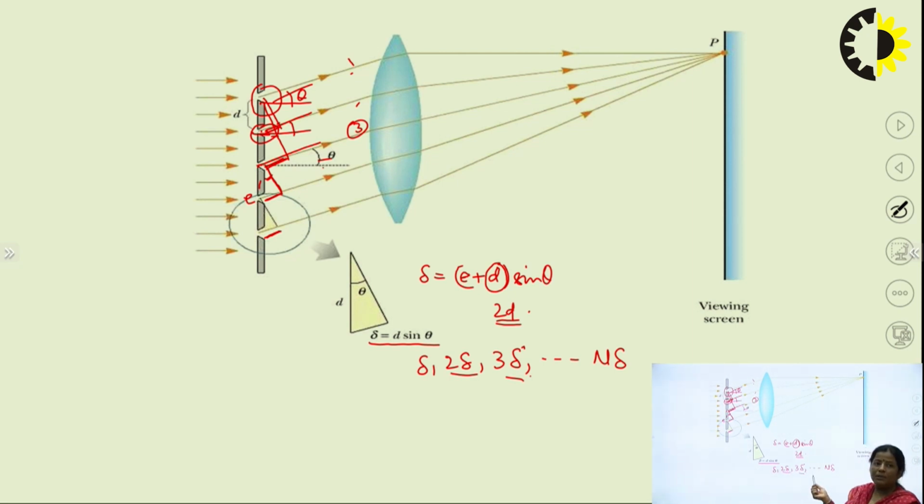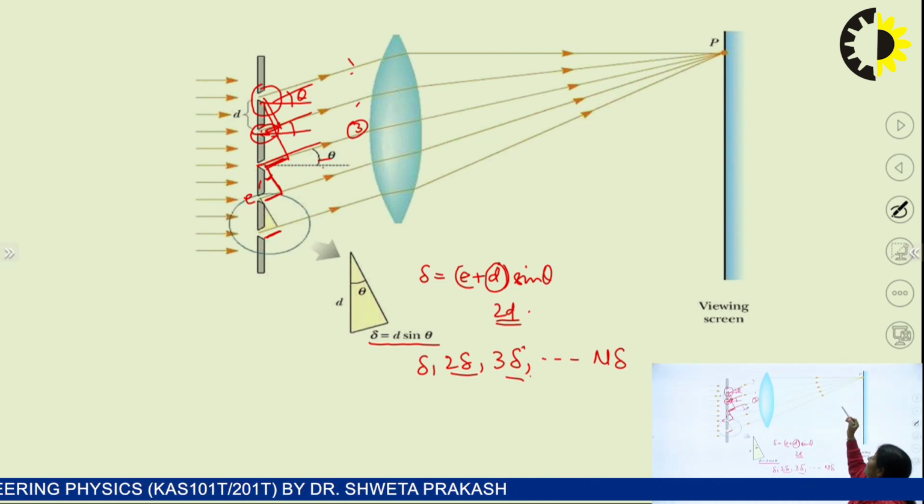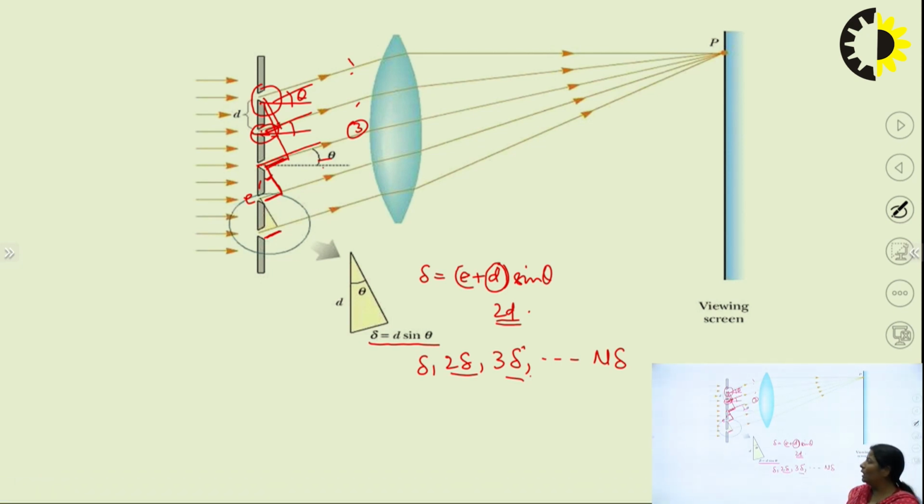If we sum these path differences, we get the resultant path difference, and that resultant path difference gives the study of the diffraction pattern obtained due to the n slits.